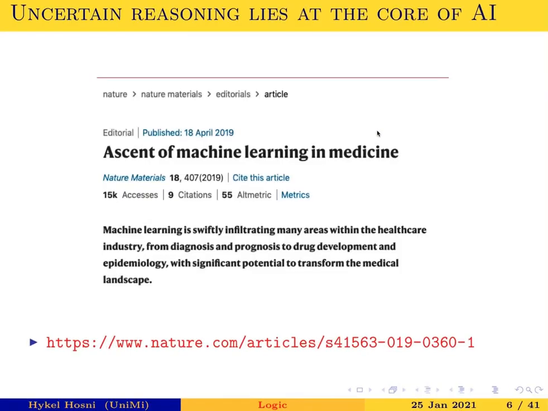Second point, which relates to the computational aspect, is really the relevance of uncertain reasoning in current AI.